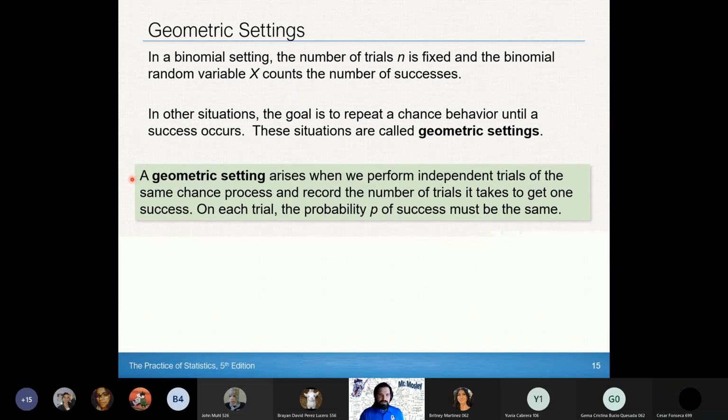On each trial, the probability p of success must be the same. So in other words, we're going from a fixed number of trials and a fixed probability of success to, now I don't know how many trials it's going to take, but I'm going to record how long it takes before I get a success. But I have a fixed probability of success. So that becomes geometric.